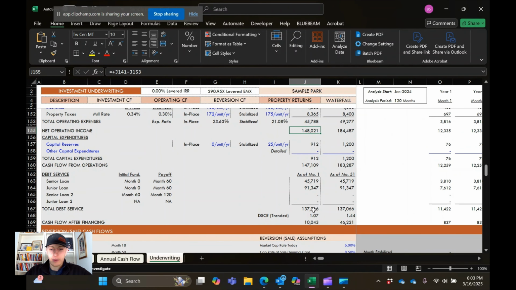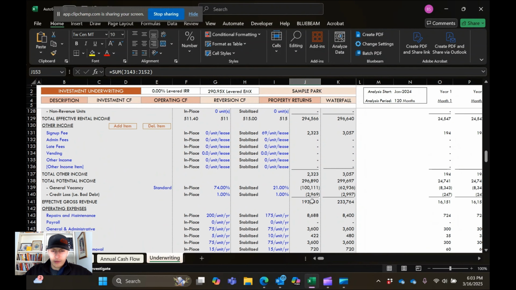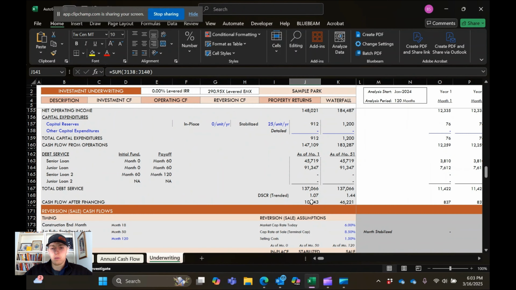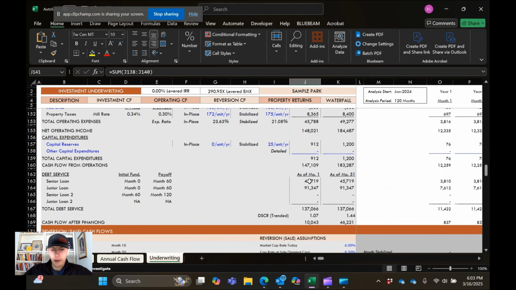So we have 148 or 147. Because their income was 189, not 193. But I'll project 193 just because that's a 12-month average. So yeah, okay, isn't bad.